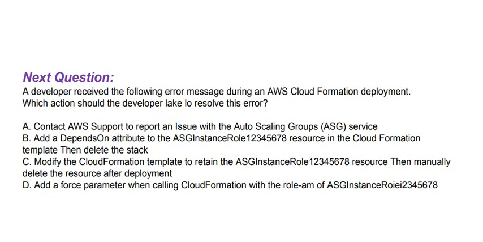Option B. Add a DependsOn attribute to the ACG instance rule resource in the CloudFormation template, then delete this tag. Option C. Modify the CloudFormation template to retain the ACG instance rule resource, then manually delete the CloudFormation.